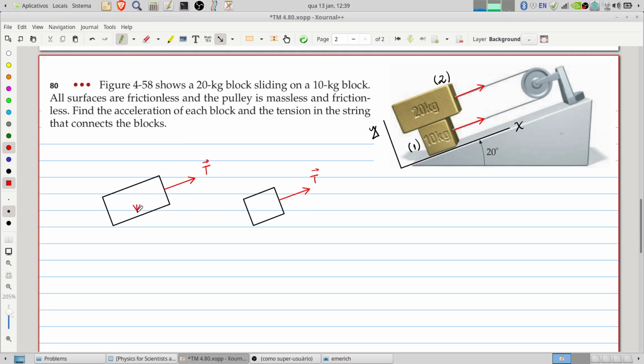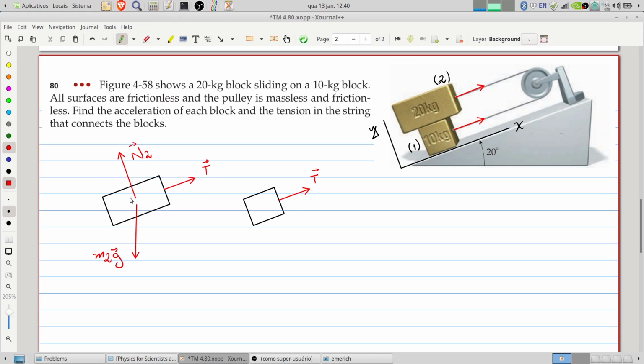Now let's look at the block of 20 kilograms. Here we have the weight of the block, that is m2 times g, and the reaction of the surface, perpendicular to the surface, and the force of block 1 acting on block 2.